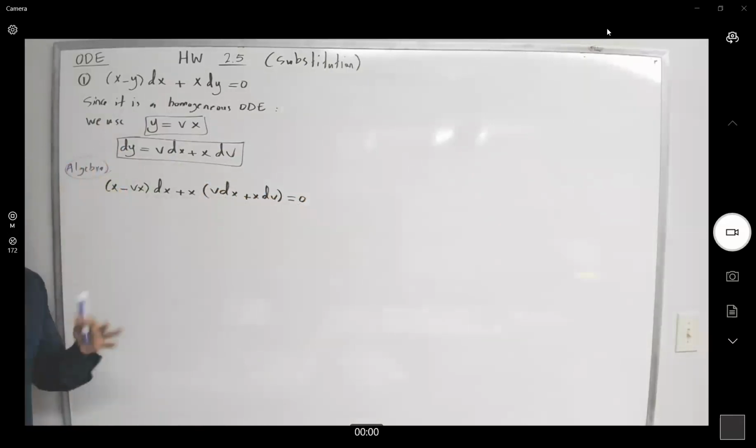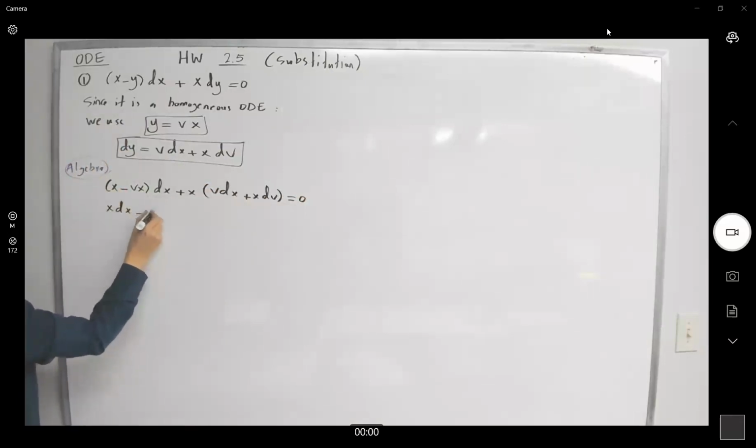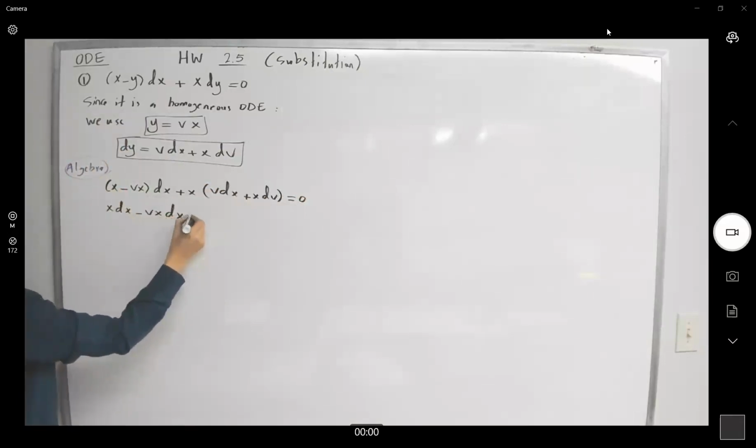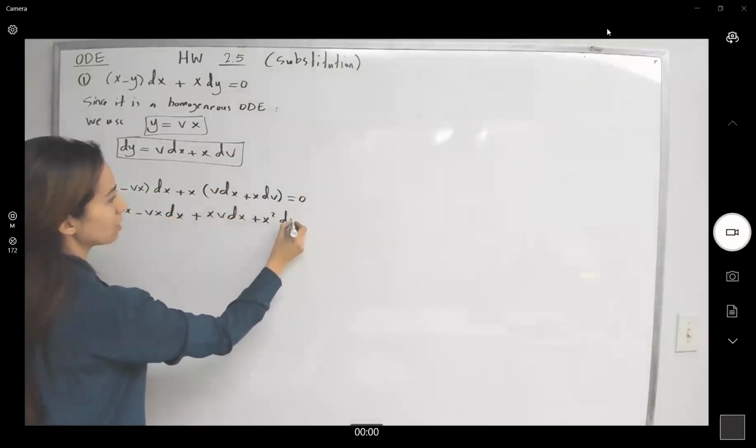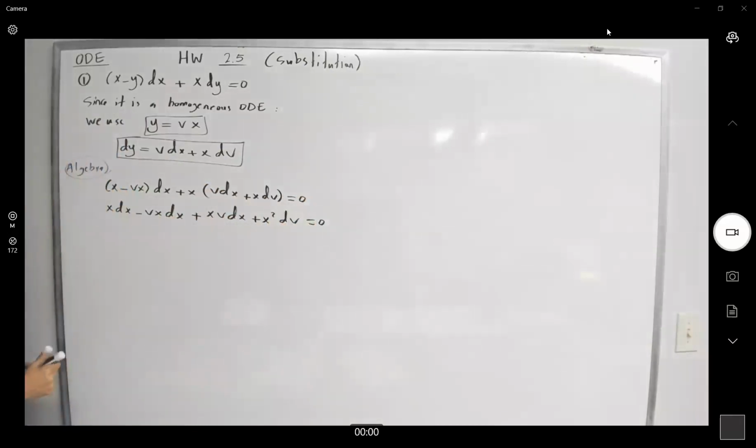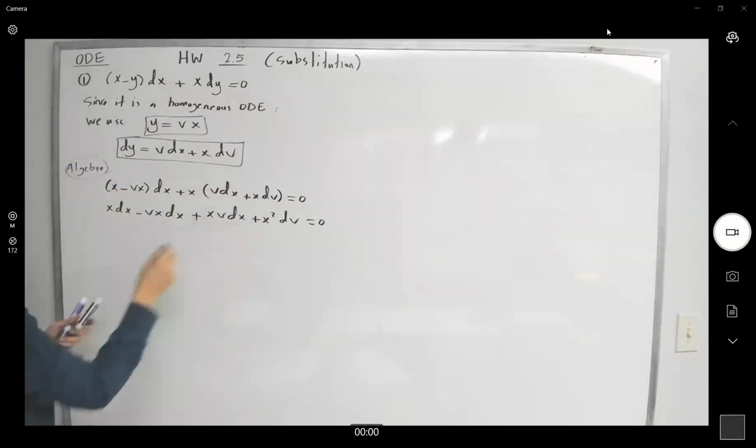Using algebra, doing the substitution, now just simplifying the whole thing. We get x dx minus vx dx plus xv dx plus x squared dv equal to 0. As you can see, these two terms, they're opposite of each other.